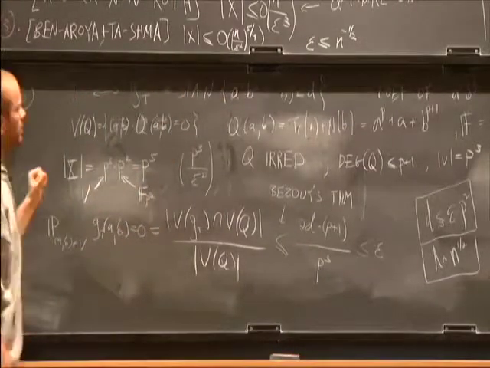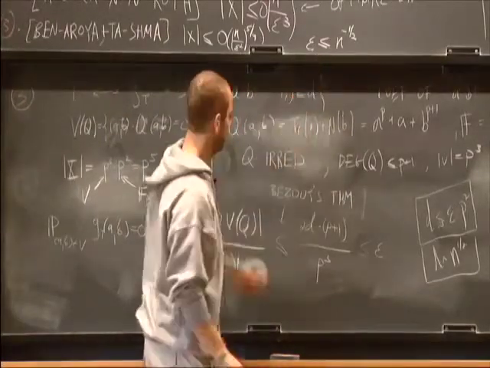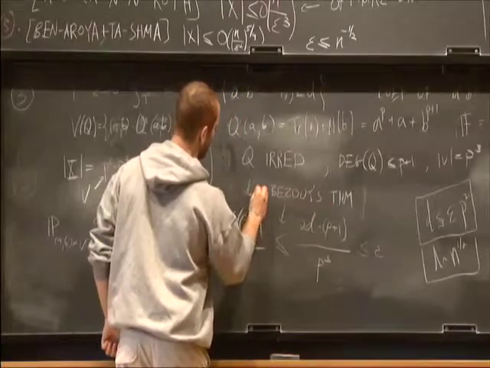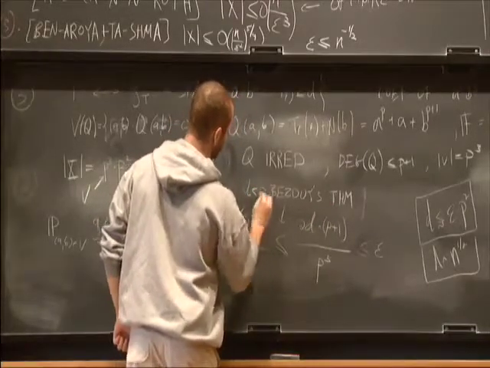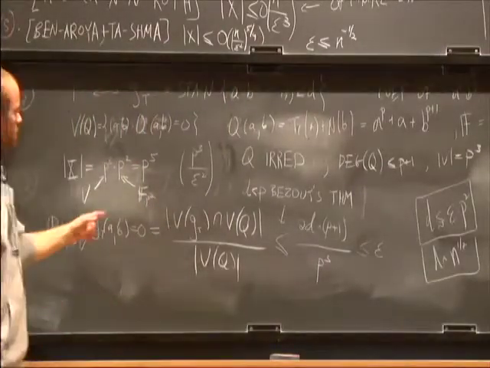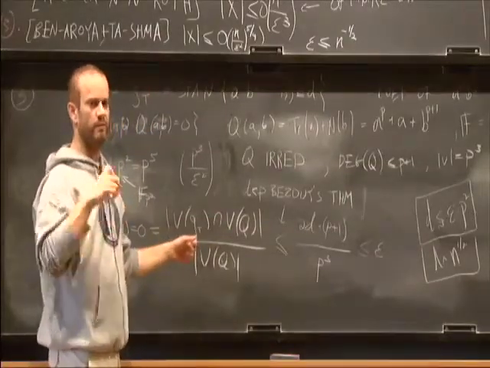And now I want to say why we have this requirement. For Bézout's theorem to hold, we use the fact that D is at most P, because otherwise G may contain Q as a factor.